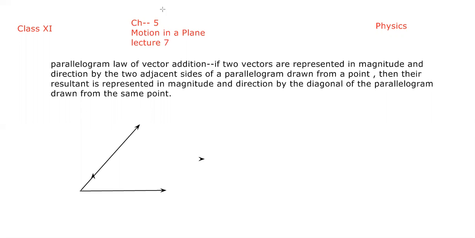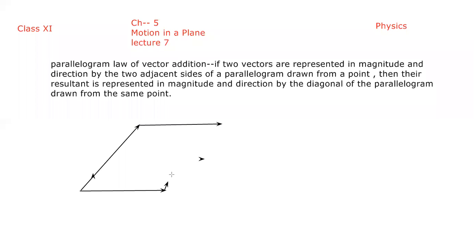First we draw the parallelogram. In a parallelogram, two sides are equal and parallel. So this is the diagram for the parallelogram which is drawn from two adjacent sides A and B.